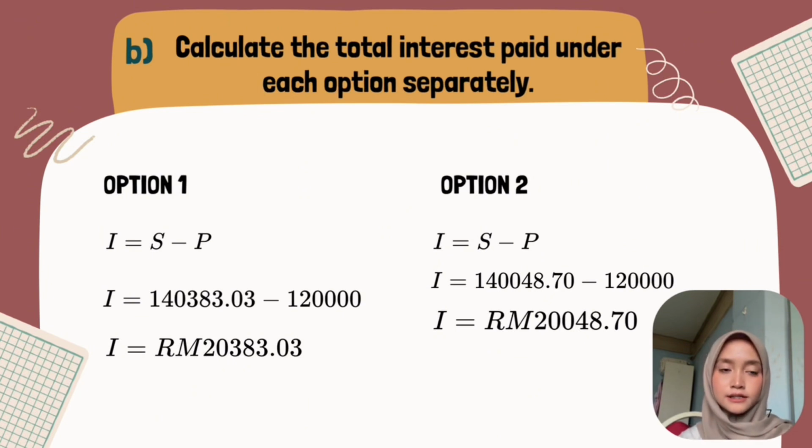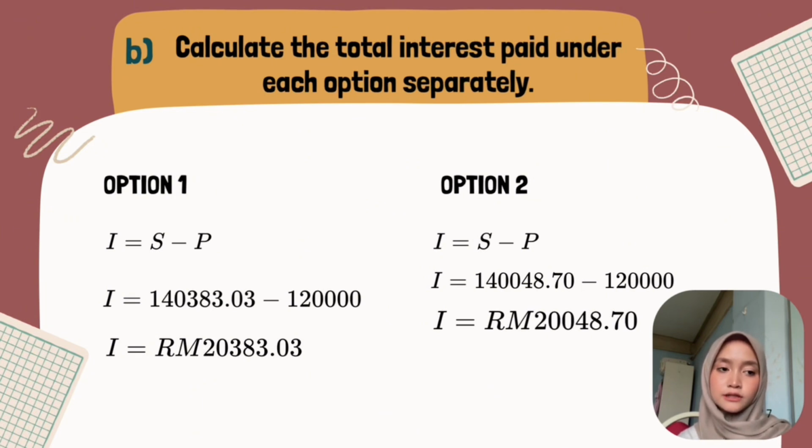The next question is calculate the total interest paid under each option separately. So in this question, we use the formula I equals S minus P for each option. Just now we got the answer for S and we just minus the value of P. So it becomes I equals 140,383 ringgit and 3 cents minus 120,000 ringgit and it became 20,383 ringgit and 3 cents.